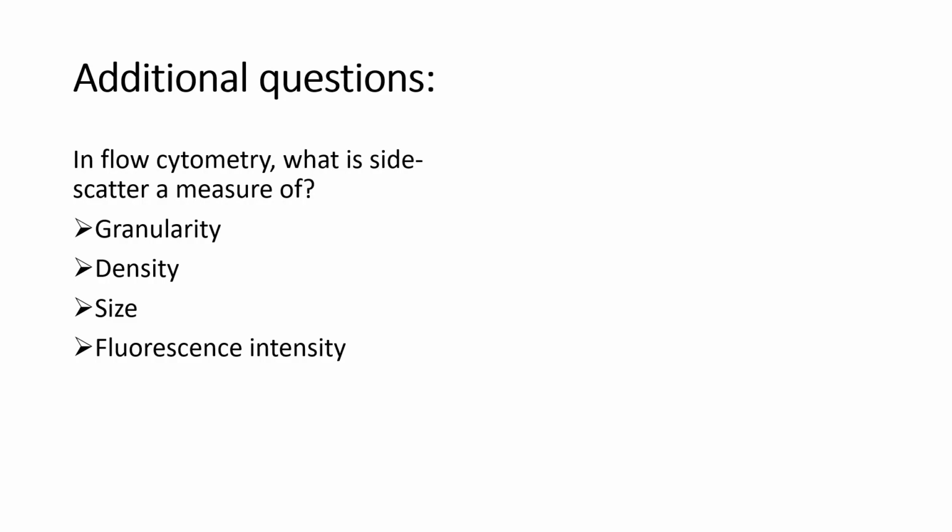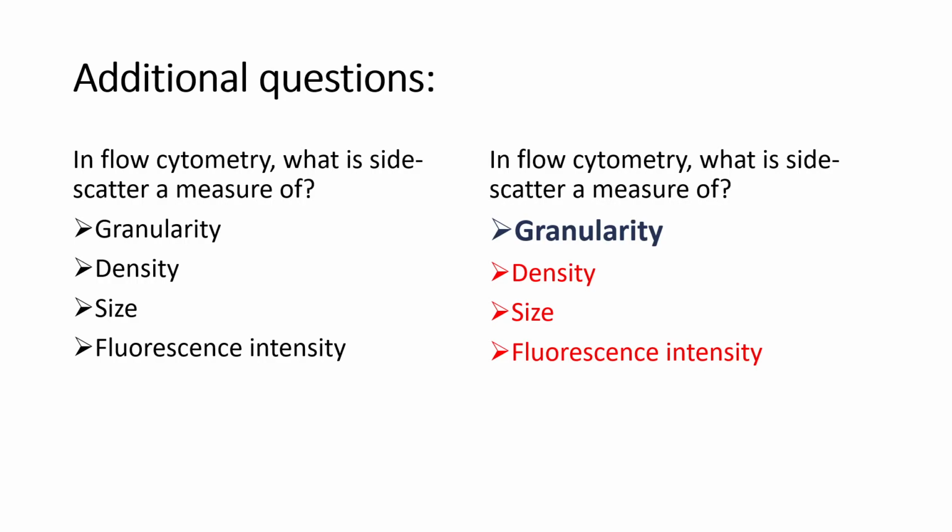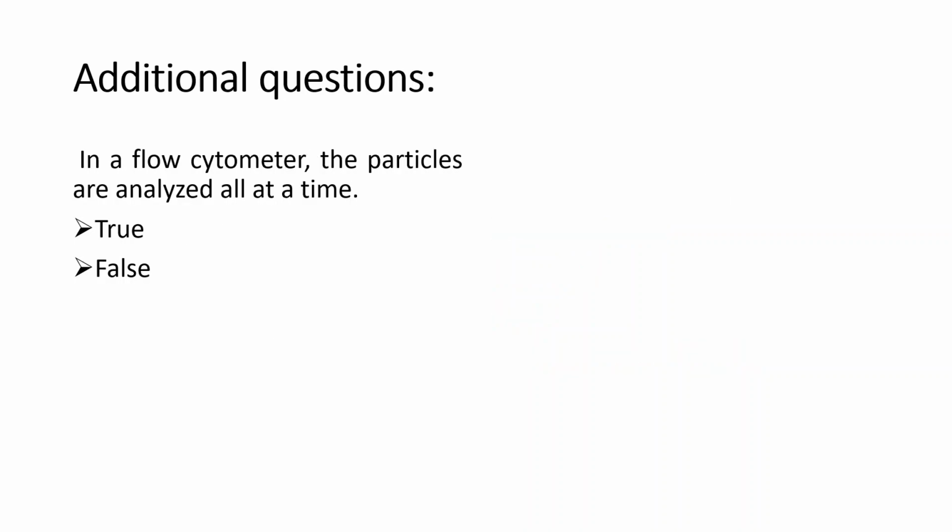All of you are saying option A, that is granularity. Let's see. Yes, option A is the right answer. The side scatter is a measure of the granularity, whereas the forward scatter is used to measure the size of the cells.